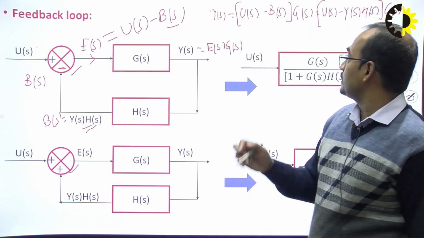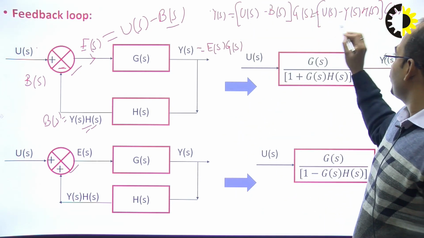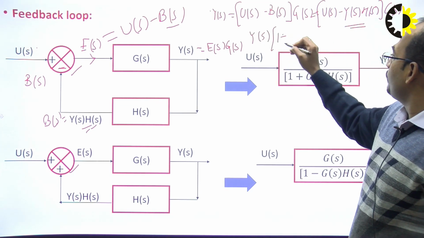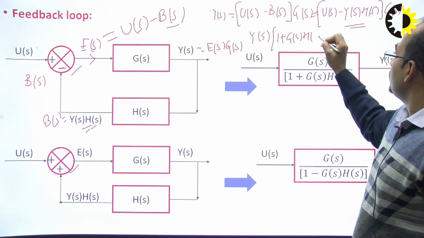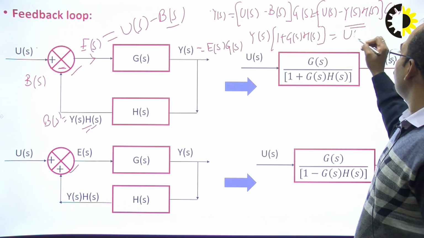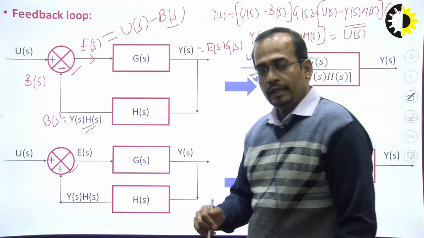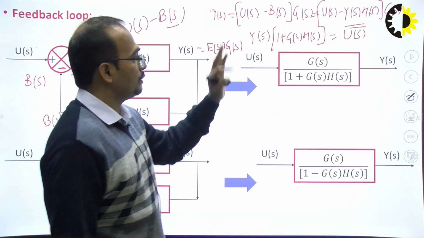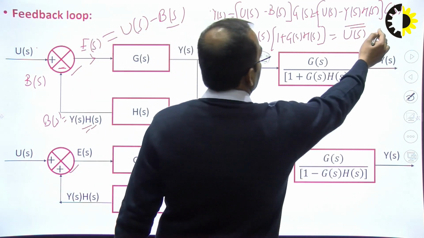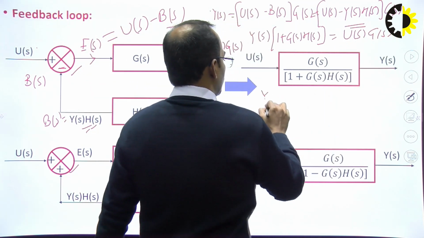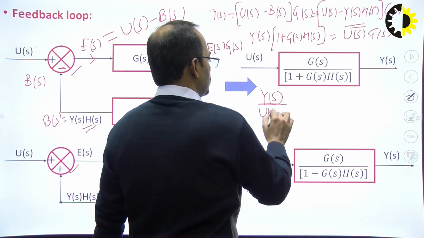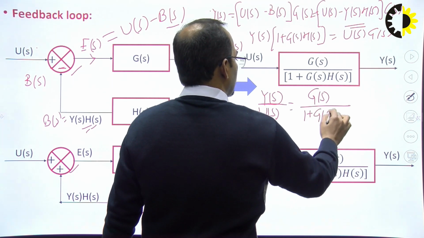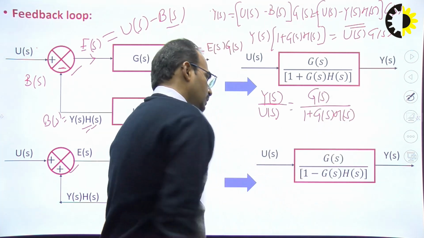Transferring this term with the negative sign, you will get Y(s) times 1 plus G(s)H(s) equal to U(s)G(s). So Y(s) by U(s) is nothing but G(s) upon 1 plus G(s)H(s).